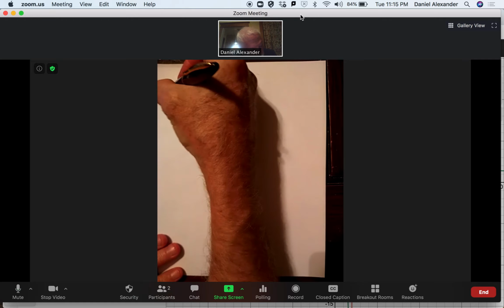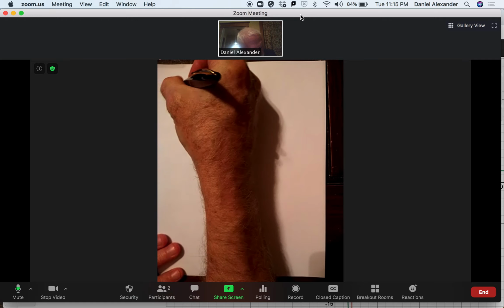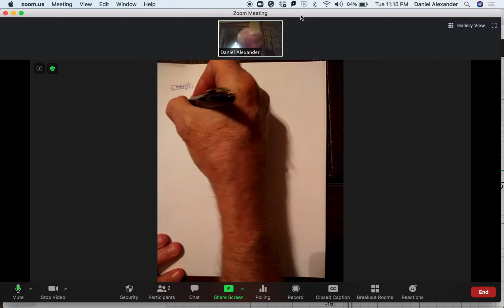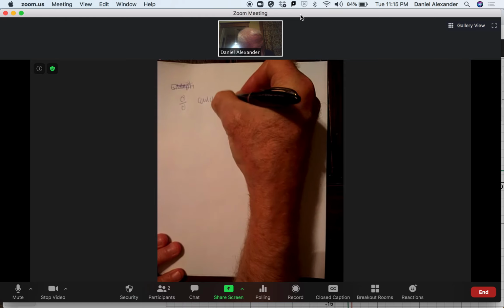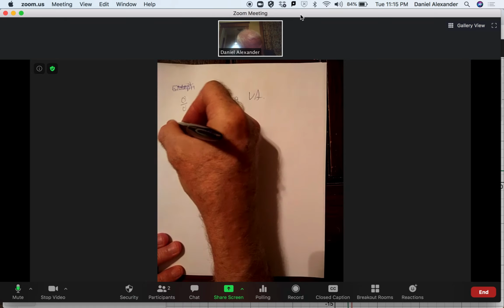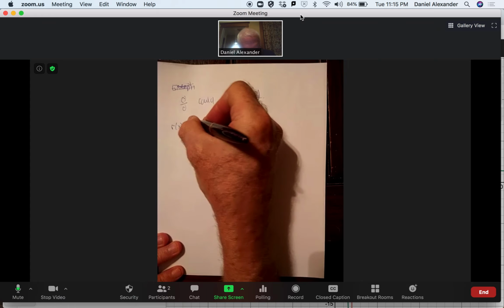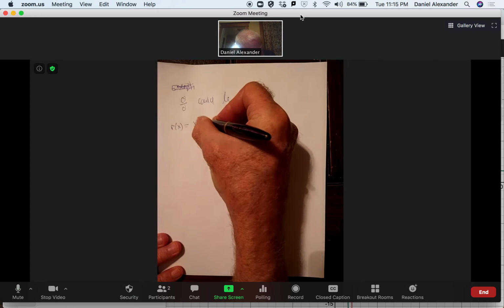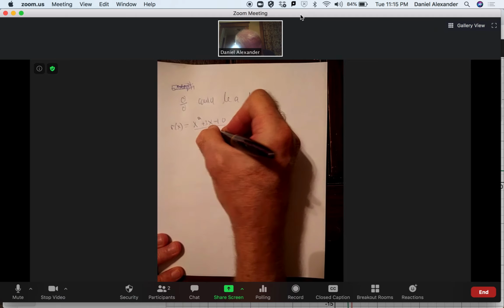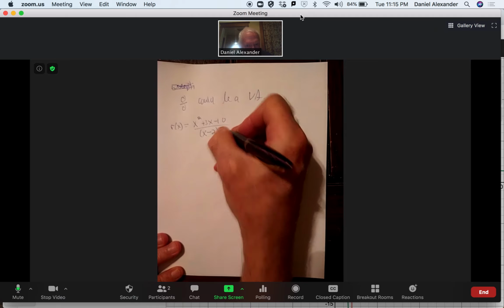So again, here's the exception to 0 over 0. Not exception, but 0 over 0 could be a vertical asymptote. So my example was pretty much just a variant of that function that I had before, except I have a square term in the bottom.